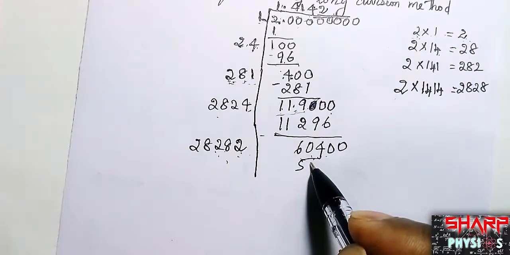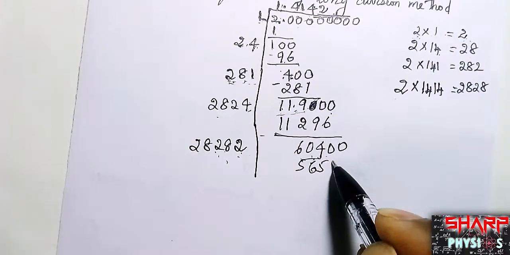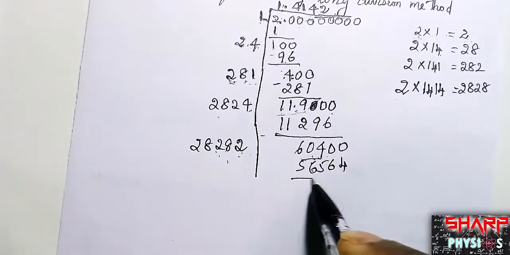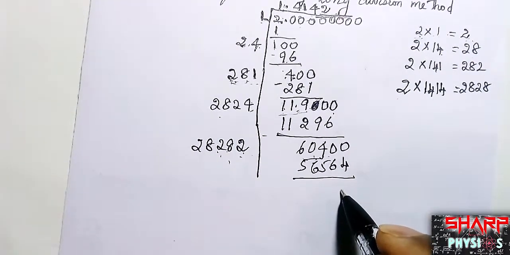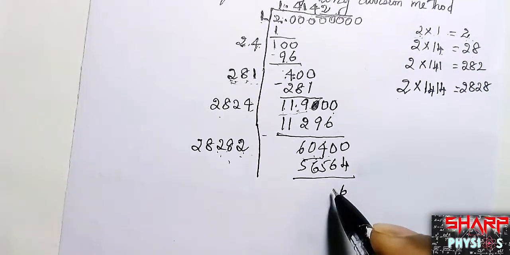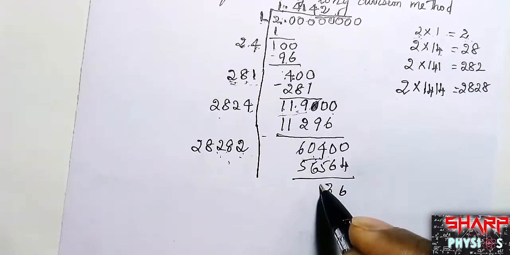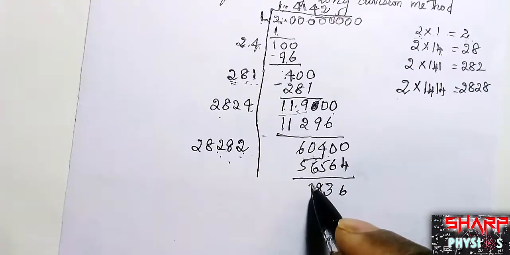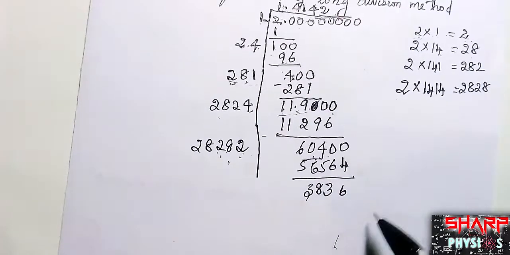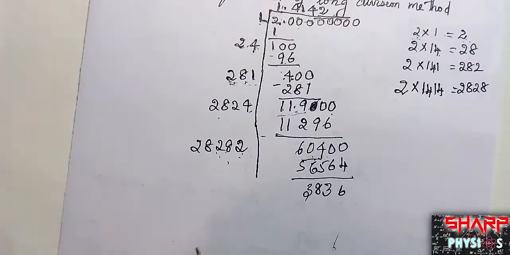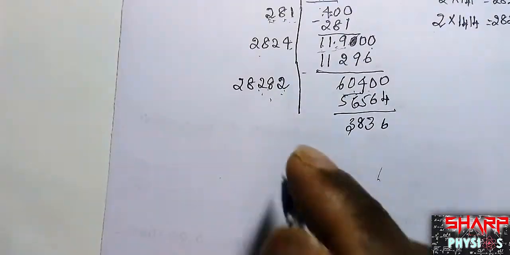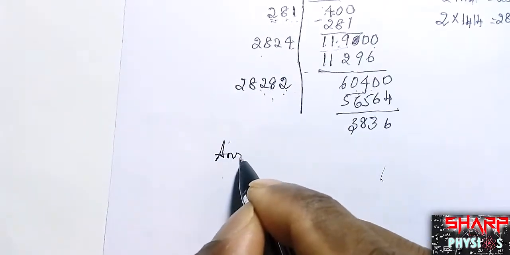So you get 56564. And when you subtract it, you get 6383. And it keeps on going like this. So we'll stop it here and write the answer.